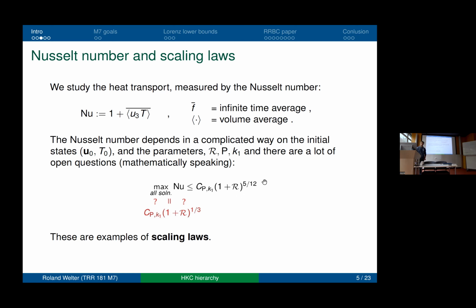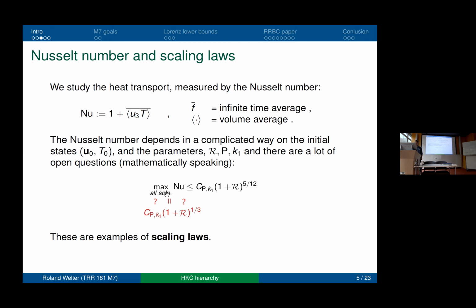And so this can be useful for atmospheric scientists who are using some approximations. If they ever find some heat transport larger than this, then they know this approximation is not representing physical reality.